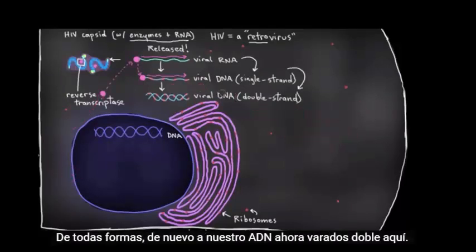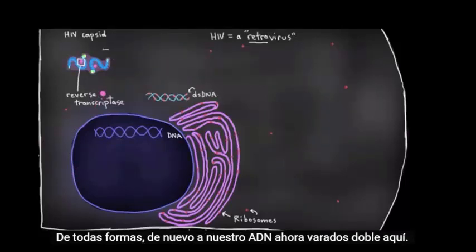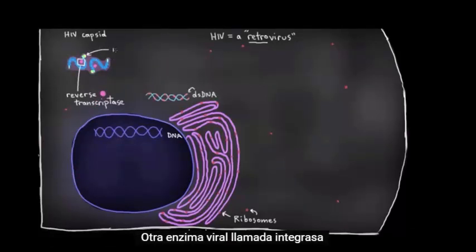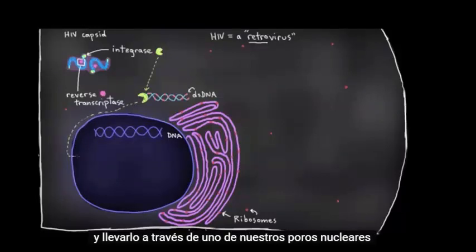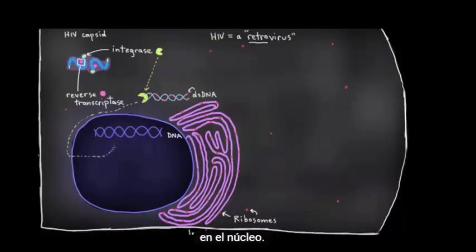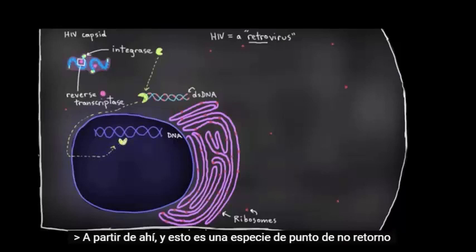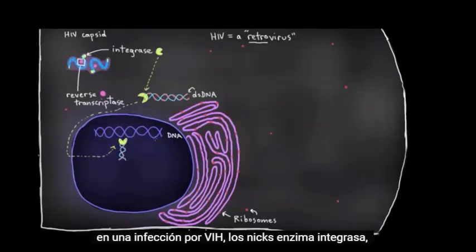Anyways, back to our now double-stranded DNA here. Another viral enzyme called integrase will come along and grab hold of it. It'll then bring it to the T cell's nucleus and carry it through one of our nuclear pores into the nucleus. From there, and this is sort of the point of no return in an HIV infection, the integrase enzyme nicks.